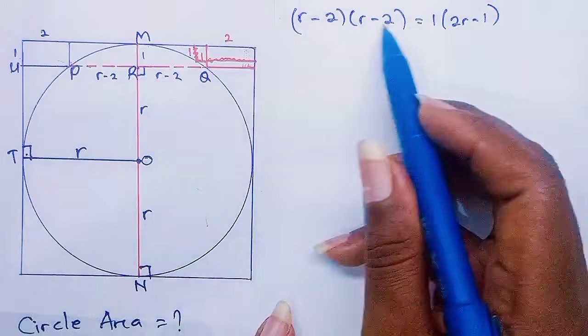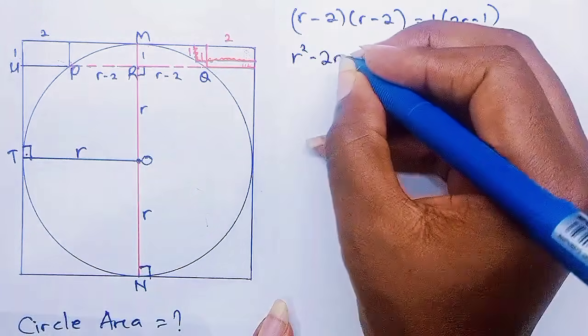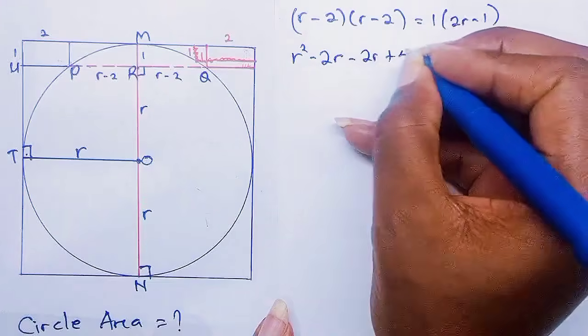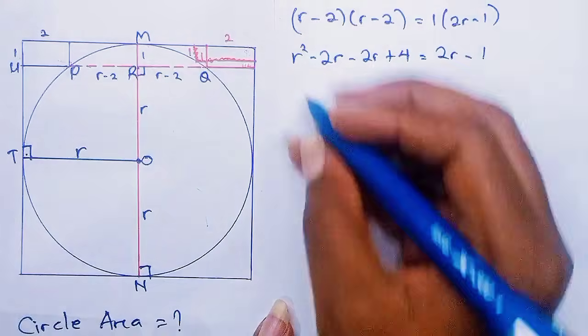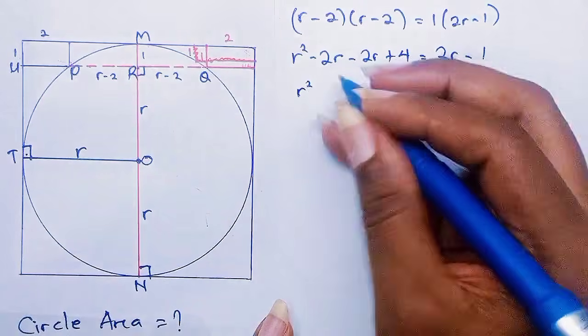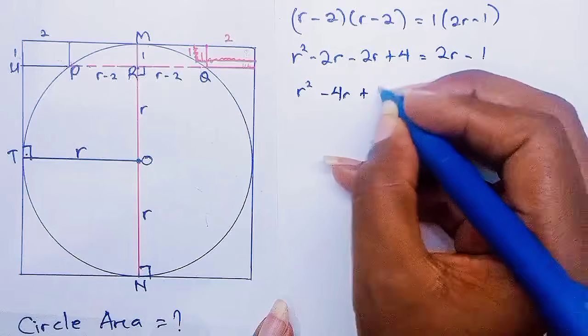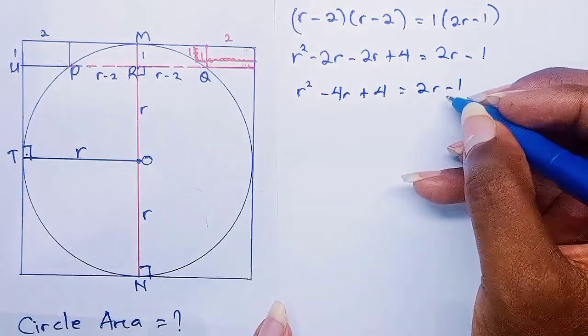So when you open these two brackets and multiply, you will get R squared minus 2R minus 2R plus 4 being equal to 2R minus 1. So we have R squared minus 4R plus 4 is equal to 2R minus 1.